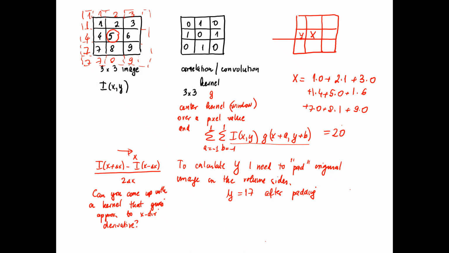The only delta x I can do in this image is 1. I mean, I could do more. So this is a shift plus 1, shift minus 1, and then I have to divide by 2.